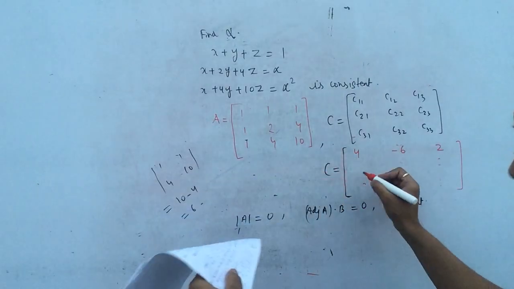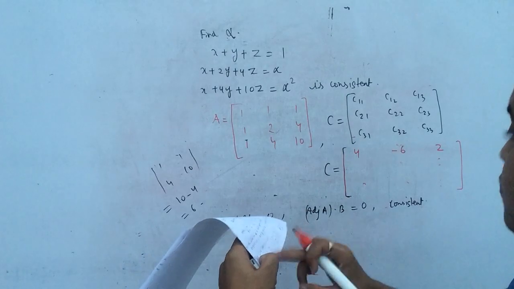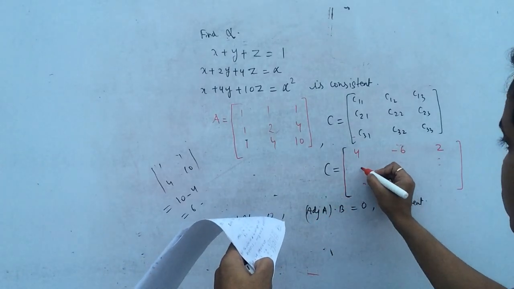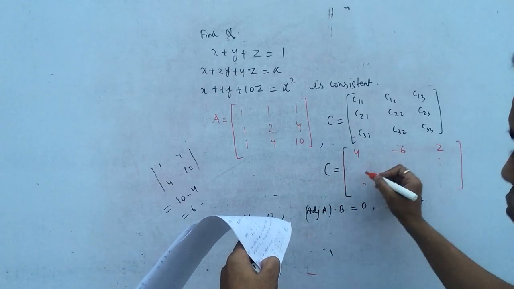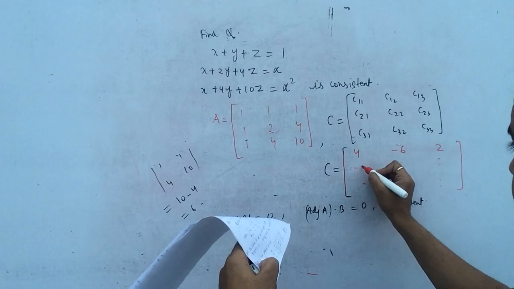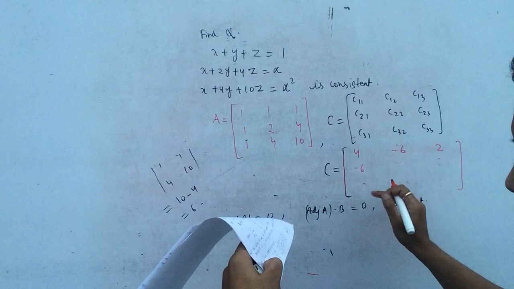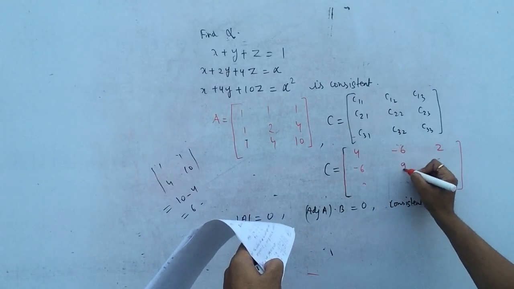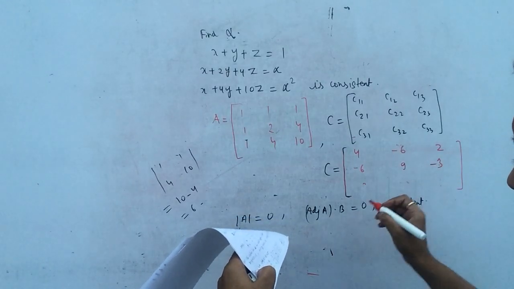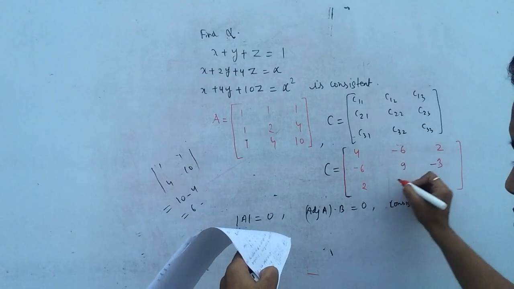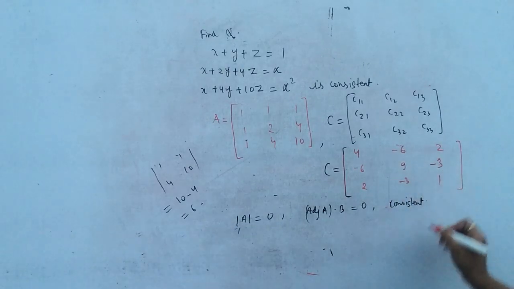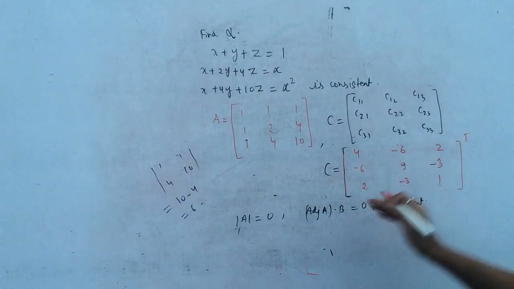Again, so what is it? 4, minus 6, 2. I have to transpose it first. So 4, minus 6, 2; minus 6, 9, minus 3; and 2, minus 3, 1. When you transpose it, you get the same value here.